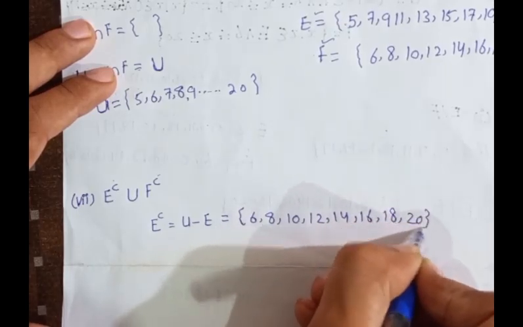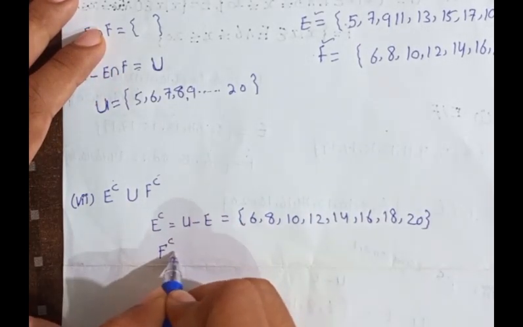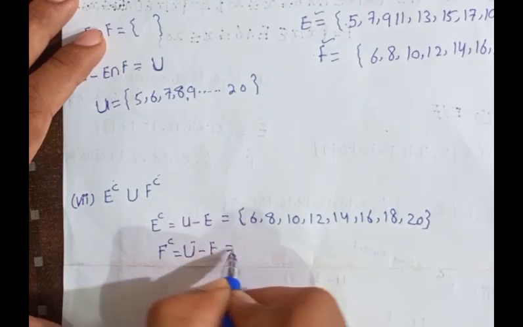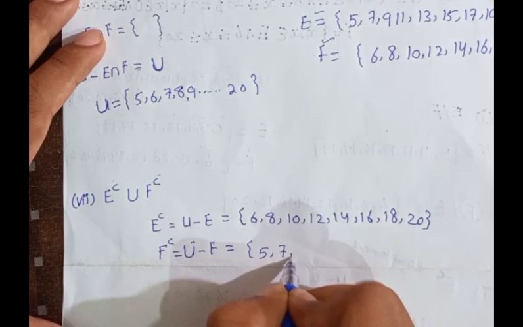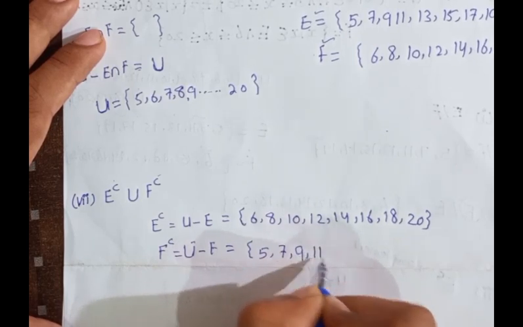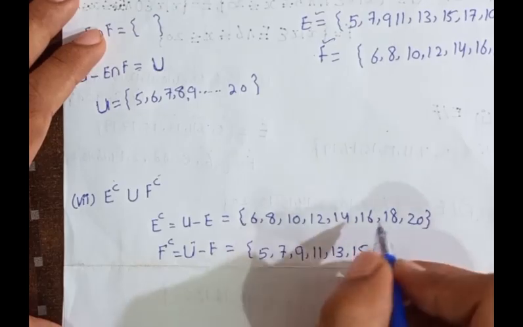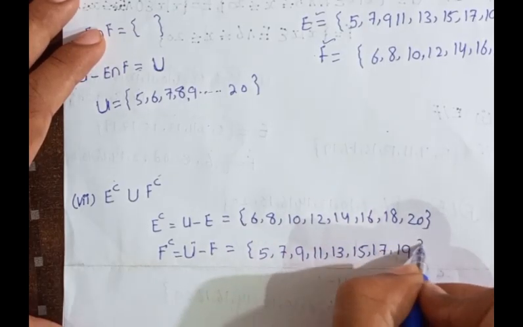Now F complement is U minus F, which equals 5, 7, 9, 11, 13, 15, 17 and 19.